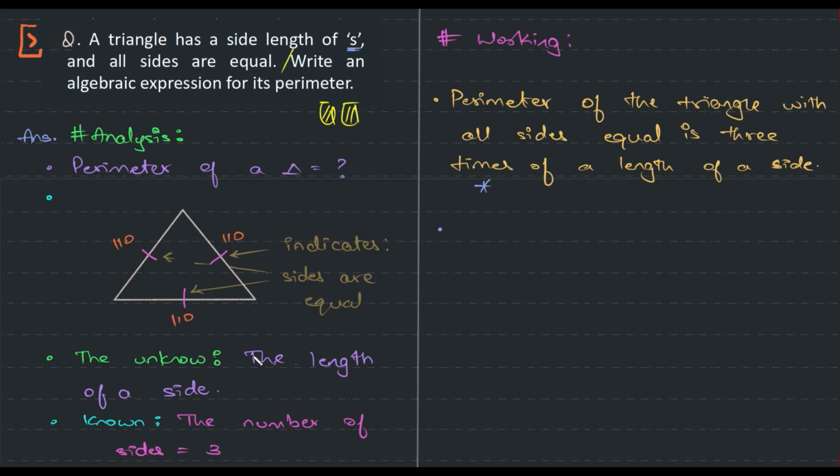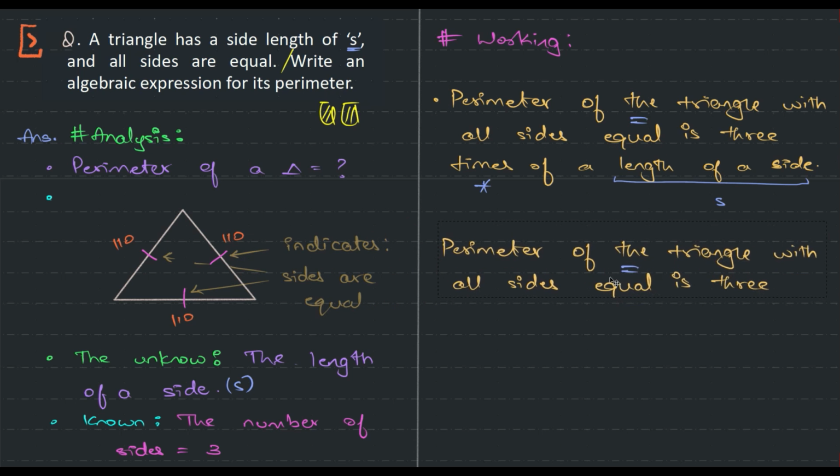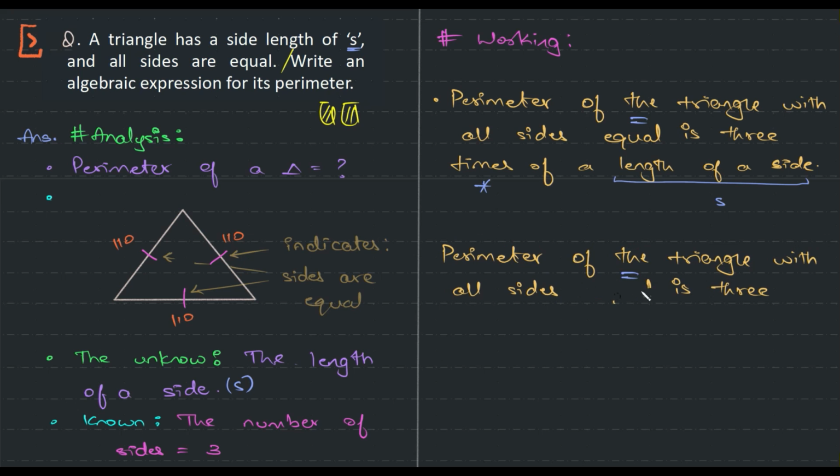Oh, they have given it, that's S. So this entire expression is equal to, with the equals sign, a mathematical expression which is 3 times S. I can also write this as 3S. So that is your answer.